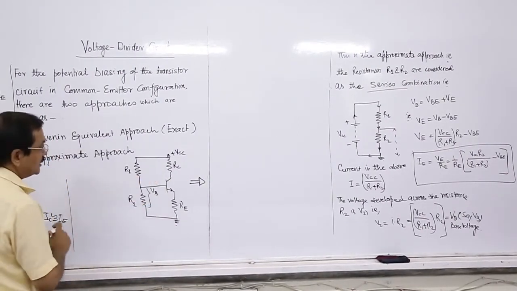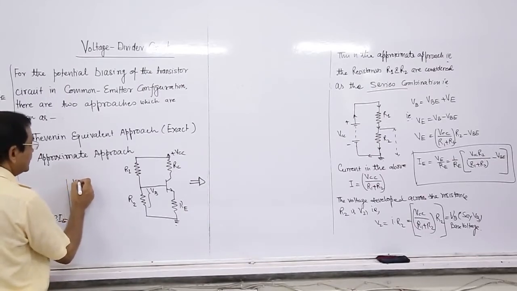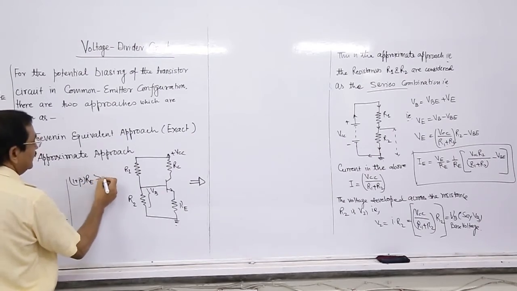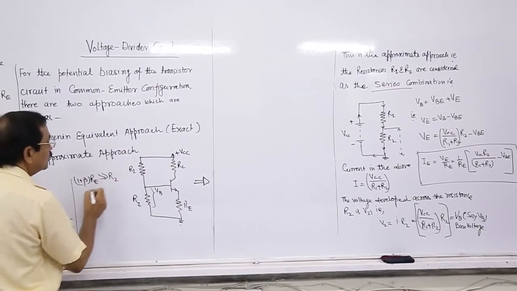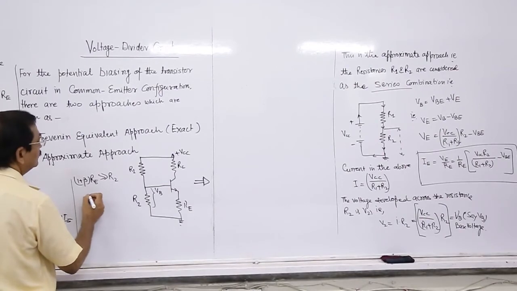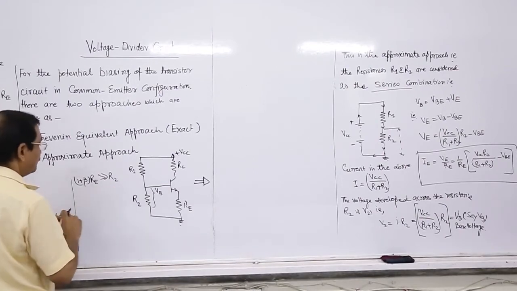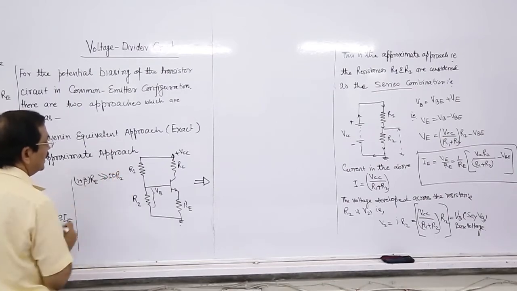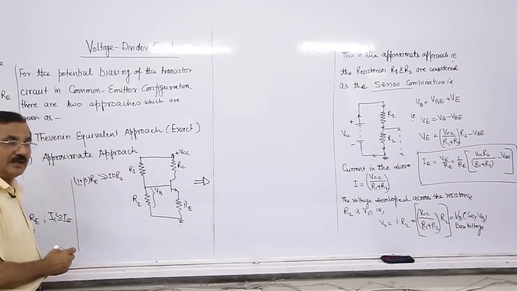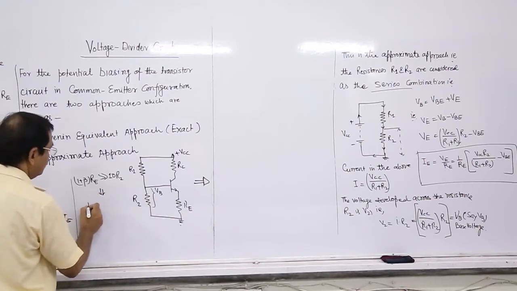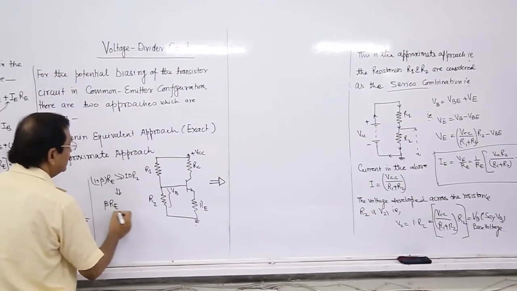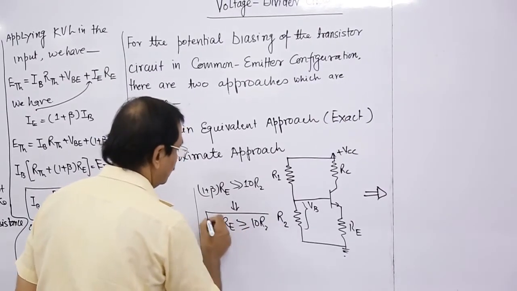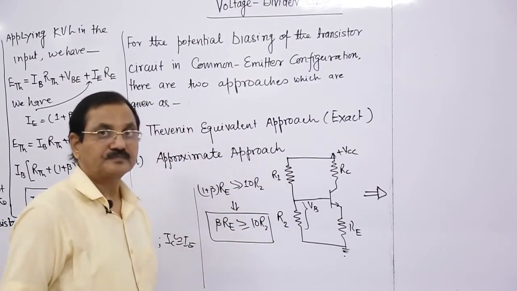The approximation is that 1 plus beta RE is greater than R2, this value is greater than, 10 times R2. Or in this case, beta RE is greater than or equal to 10 times R2, this condition.